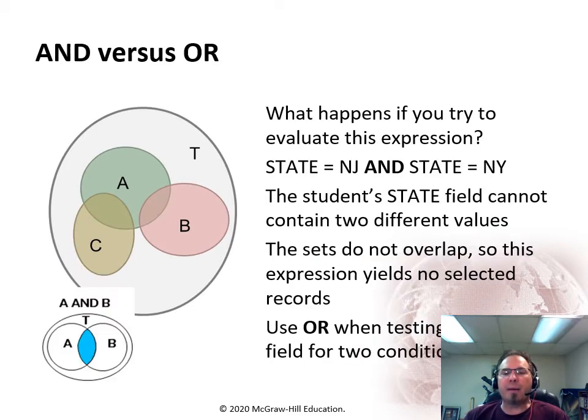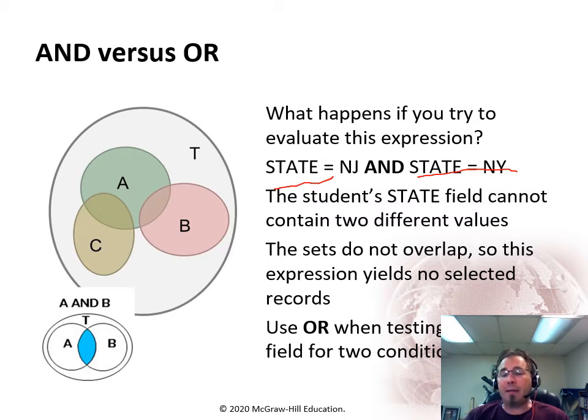So here's an example of what happens if you do it wrong. If I put state equals New Jersey and state equals New York, you can't have both. You can't be from two different states. So they don't overlap and you'd get no records selected back. That's what usually happens when you first start learning how to do this and you're not sure whether it's and or or.